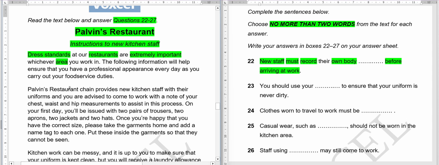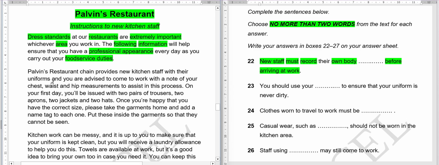The following information will help you maintain a professional appearance. But we still don't know what new staff have to do with their own body. Palvin's restaurant chain provides new kitchen staff with their uniforms, and you are advised to come to work with a note of your chest, waist and hip measurements to assist in this process on your first day. So that's something else.